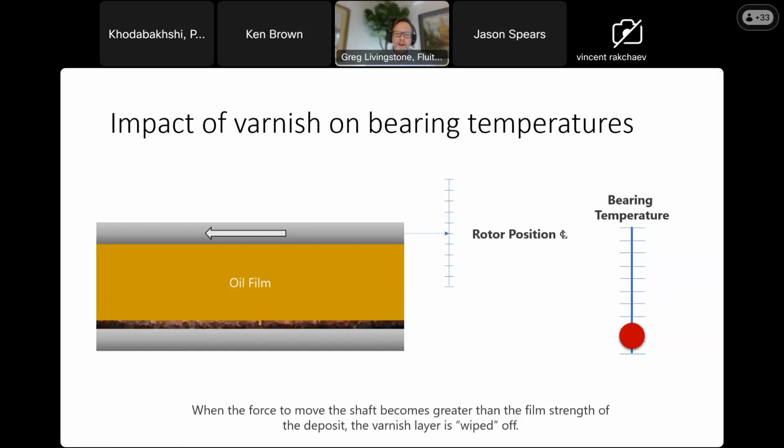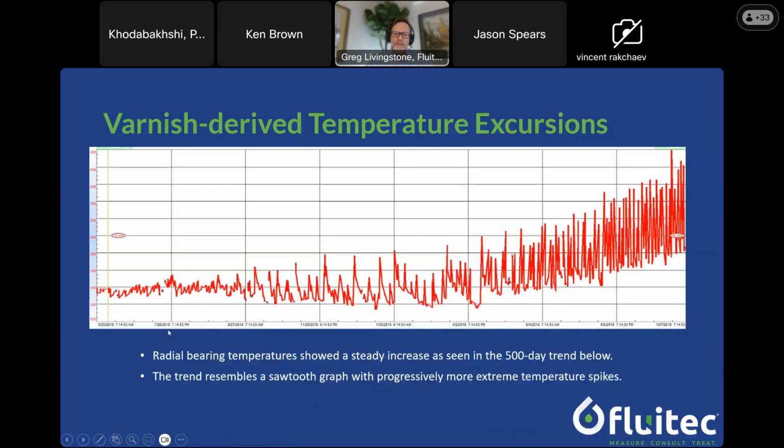So that's one of the impacts we see on bearing surfaces, and one of the signatures we can see from a temperature perspective is this sawtooth pattern in bearing temperatures. Typically you'll see the amplitude of this sawtooth pattern increase, but also the average temperature will start to increase.